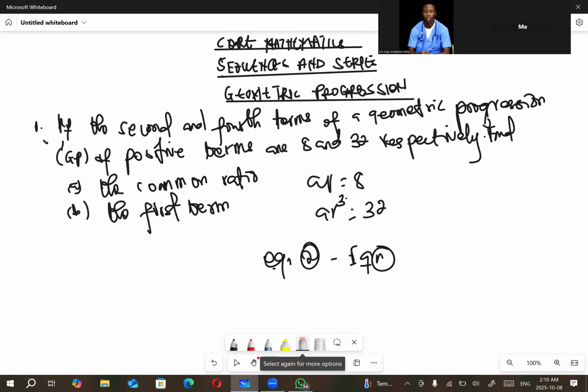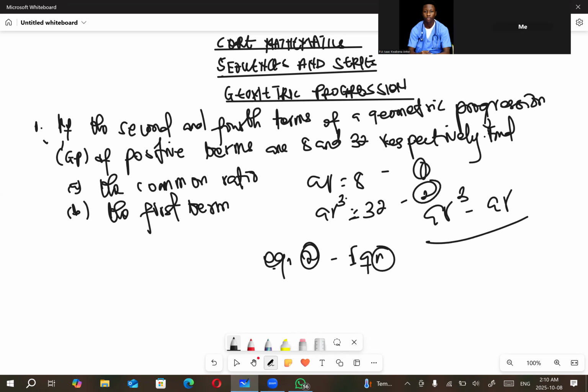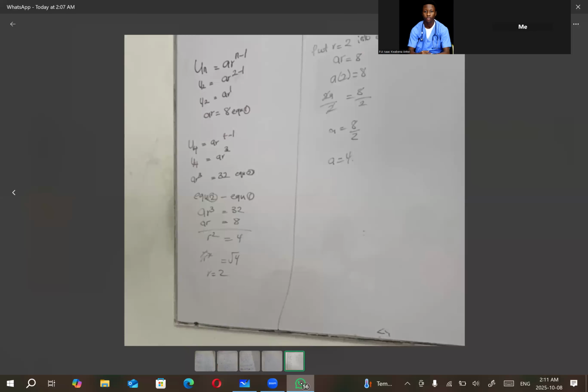What you've done is wrong. If you are saying minus, it means AR cube minus AR, and per rules of algebra, you can't subtract these. They are not the same. To be able to subtract, if here is A, here must be A. If here is R cube, it should be R cube. So you cannot subtract.